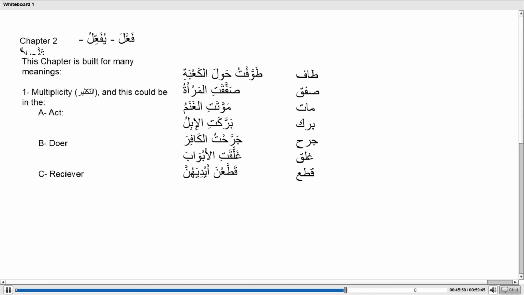Now, let's ask all of you about the multiplicity here. Don't rush. Think carefully. Think about what you want to say, as if you are saying it to someone. What do you want to tell the one you're speaking to? Is the multiplicity in the doer, the act, or the receiver?